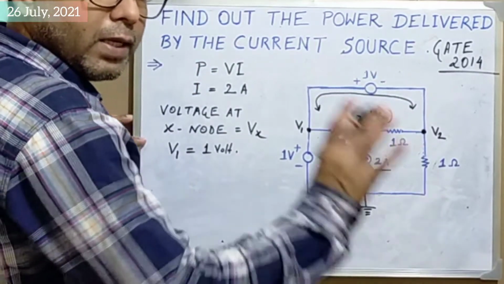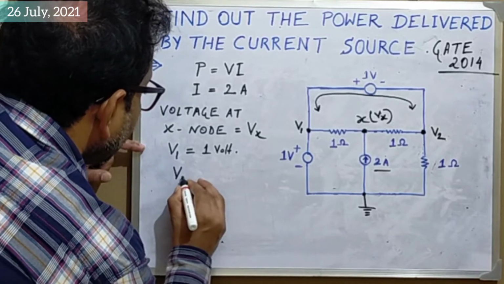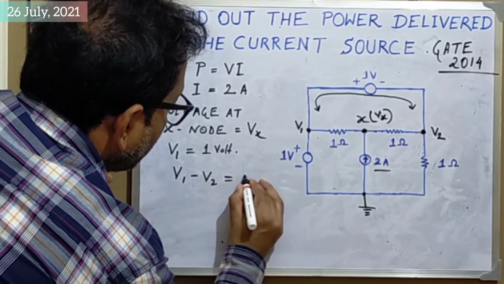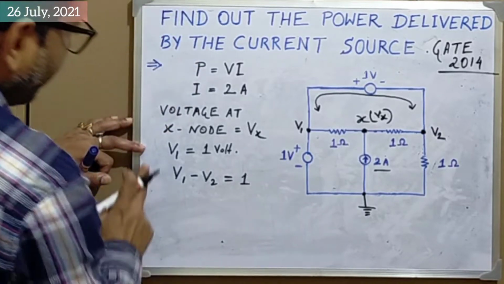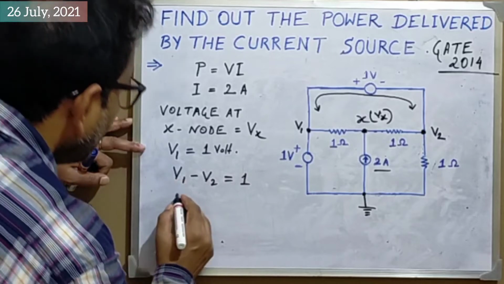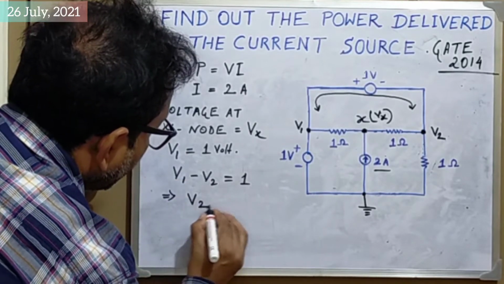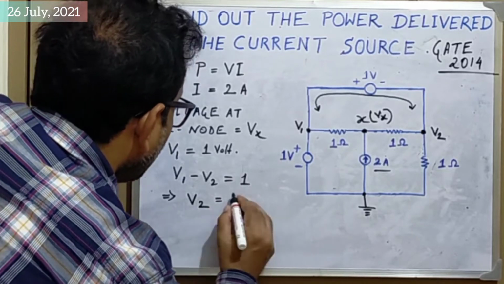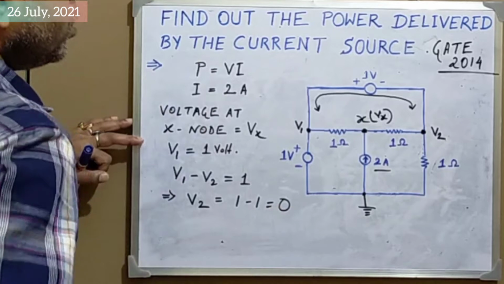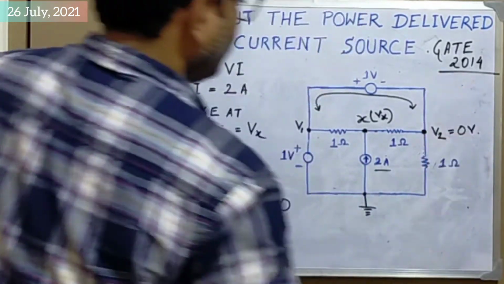Is that clear? So we can write V1 minus V2 equals 1 volt, and we know that V1 is 1 volt. So from there we can get V2 equals 1 minus 1, that is 0 volt. So here V2 is 0 volt.